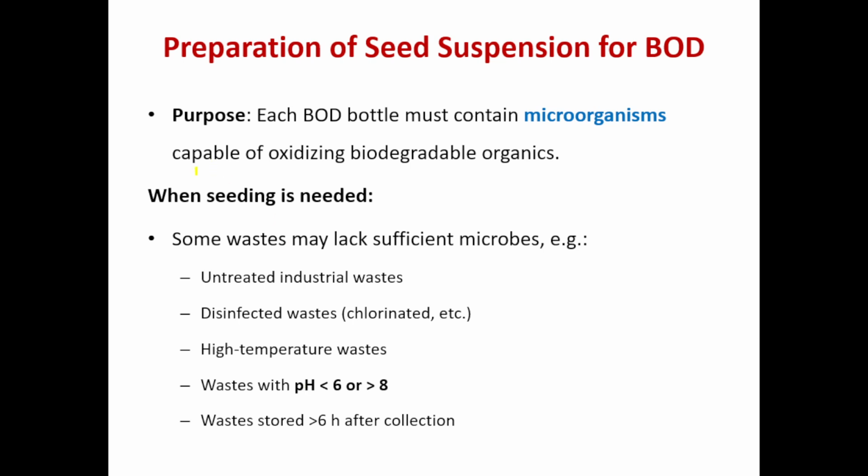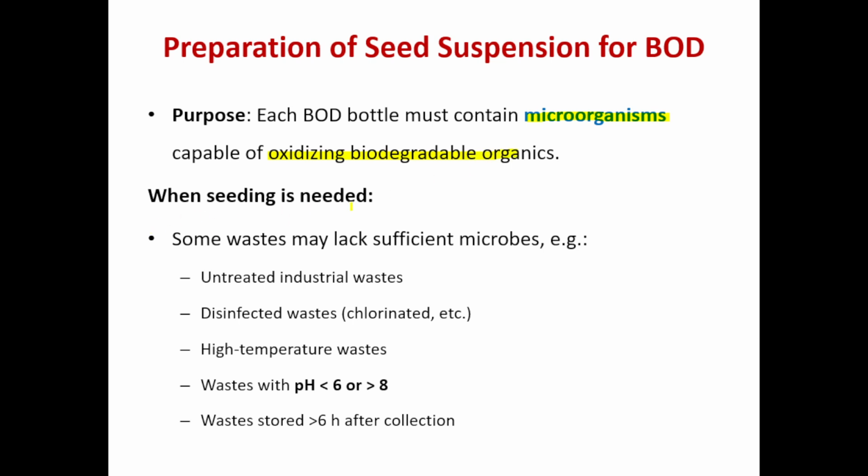Next is the preparation of seed suspension for the BOD test. The first thing is, what is the purpose of seed suspension? The main purpose of seed suspension is to provide microorganisms so that the organic matter present in the sample can be oxidized by these microorganisms.